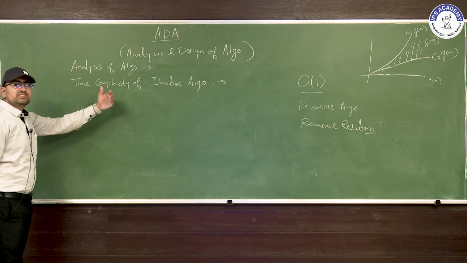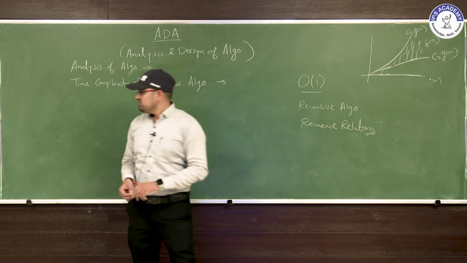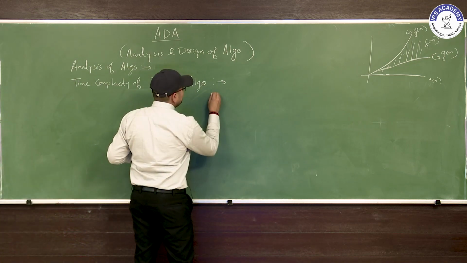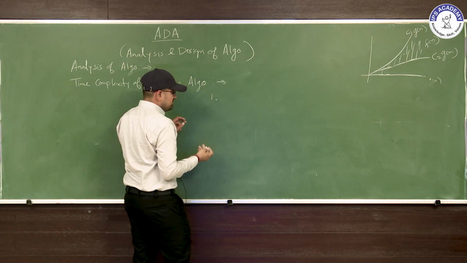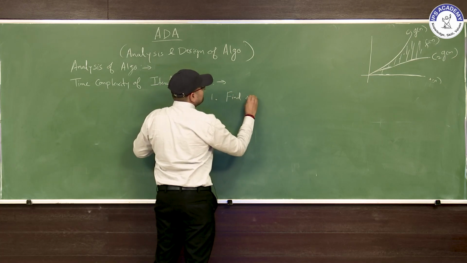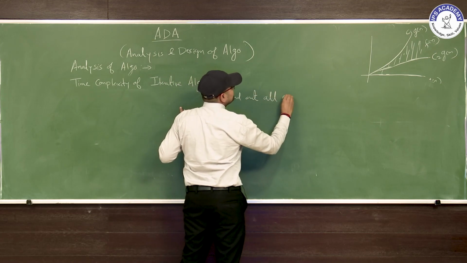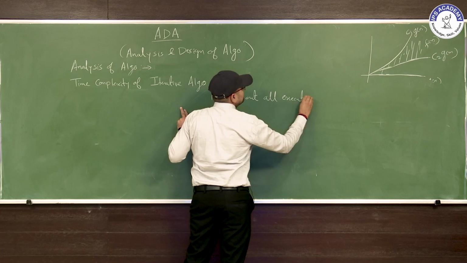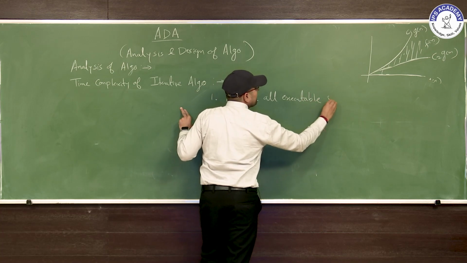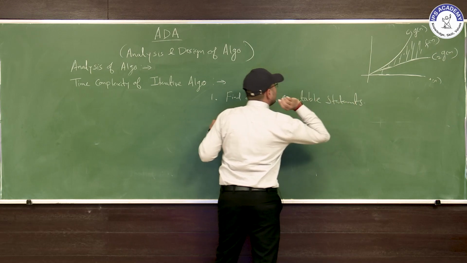There are some steps which we need to follow to calculate the time complexity of iterative algorithms. Number one, find out all executable statements of the algorithm.